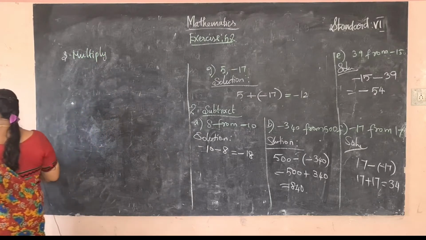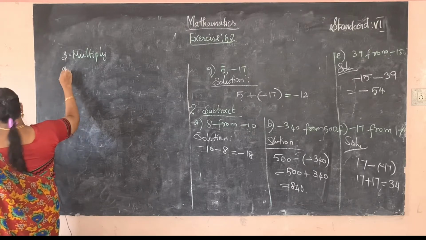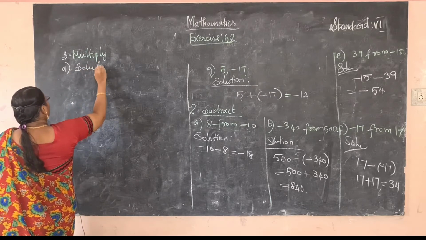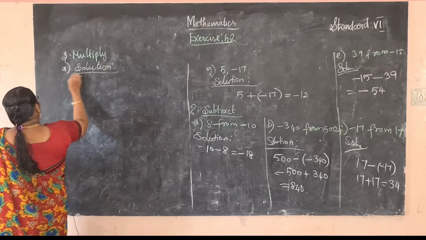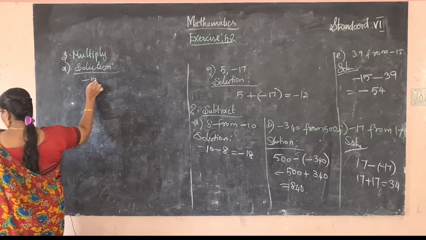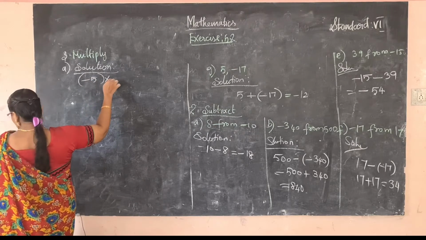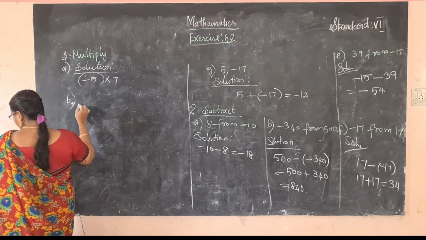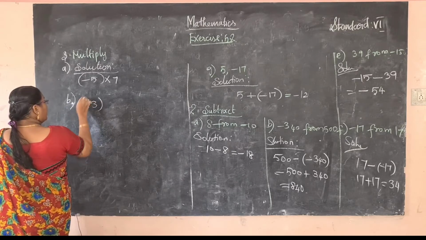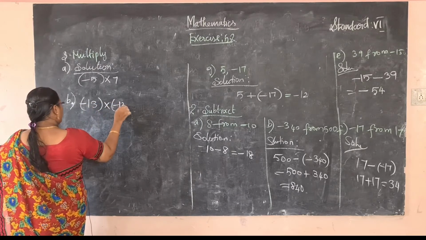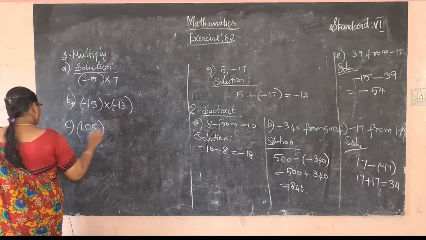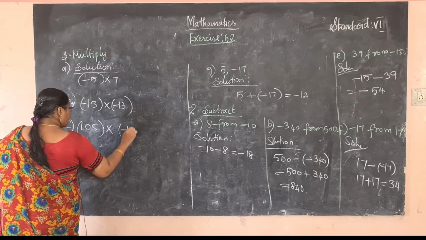Multiply. The first one, solution. The question is minus 5 into 7. B: minus 13 into minus 13. C: 105 into minus 10.